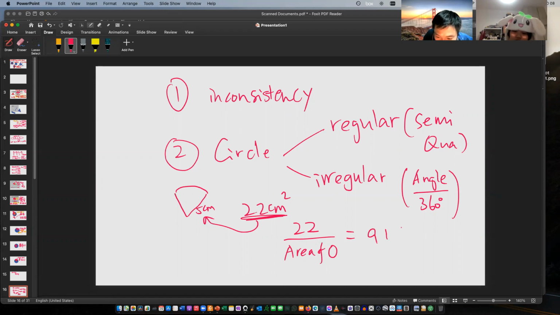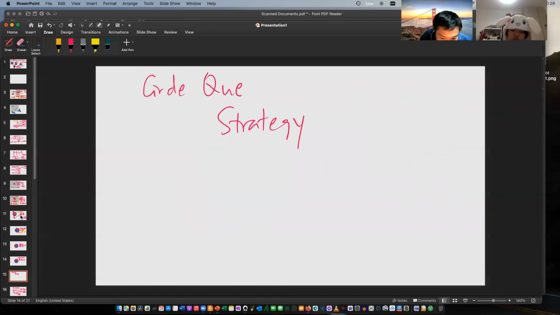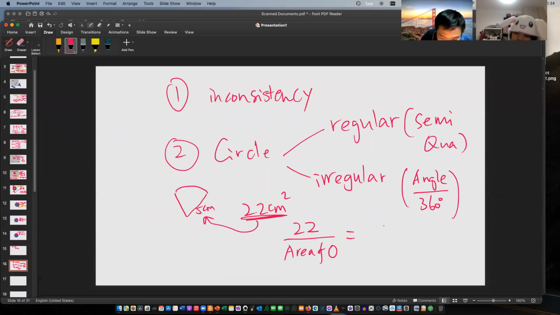Let me go back. What's the fraction just now? 14 over 55. Okay, so the fraction is 14 over 55.